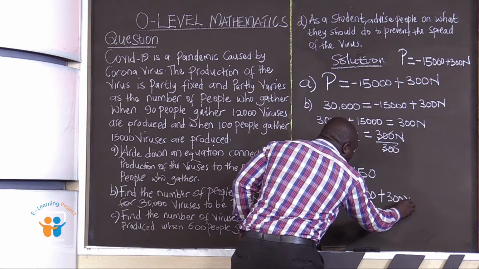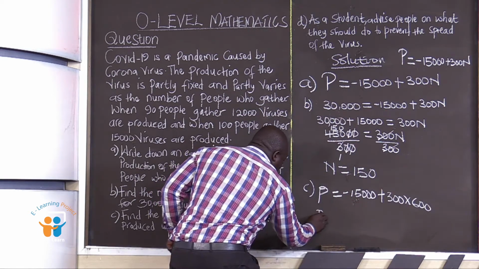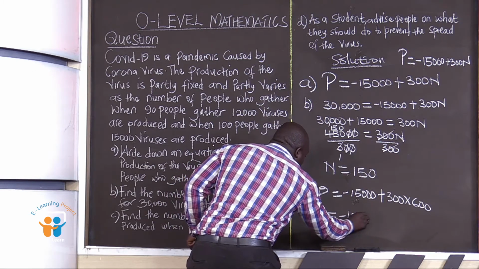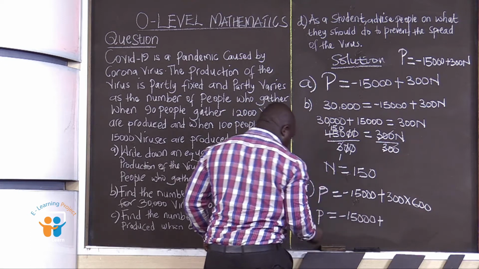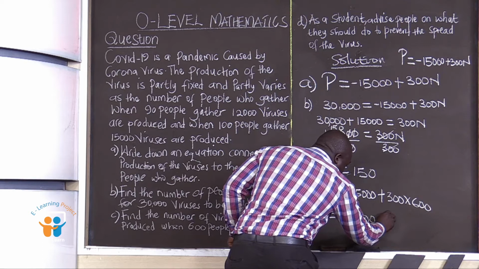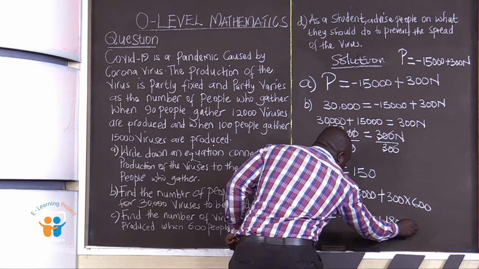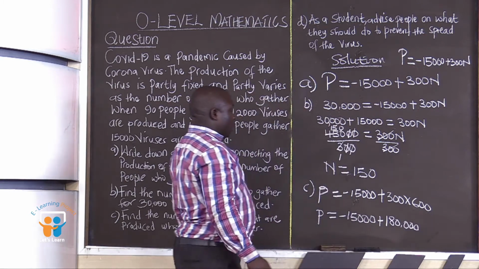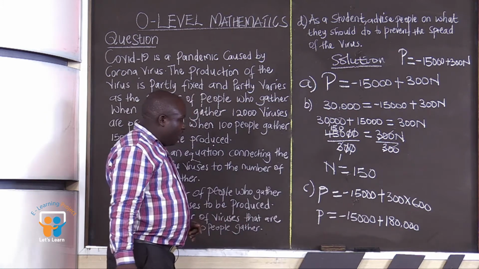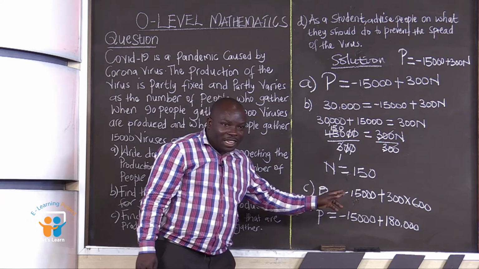300 times 600. So we are going to see that P equals negative 15,000 plus 180,000.